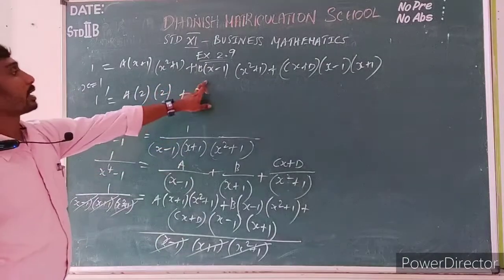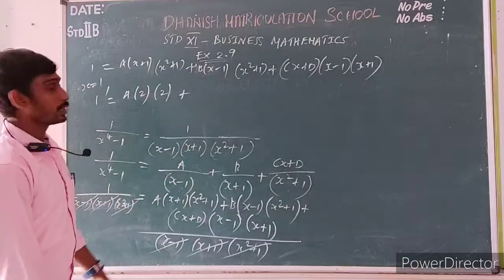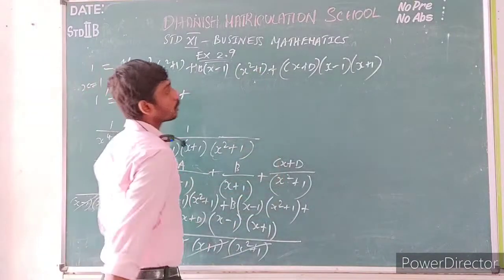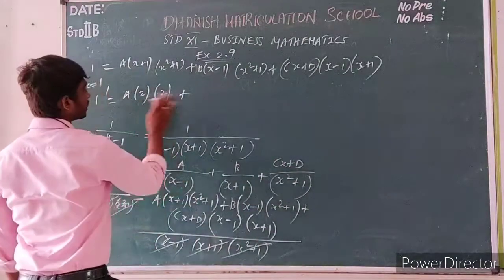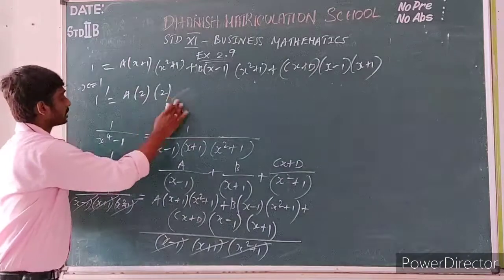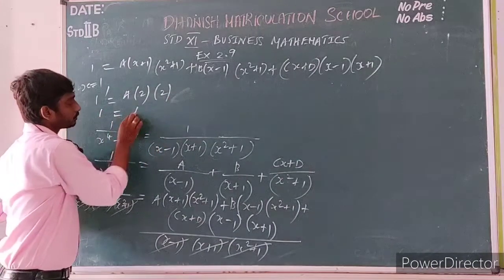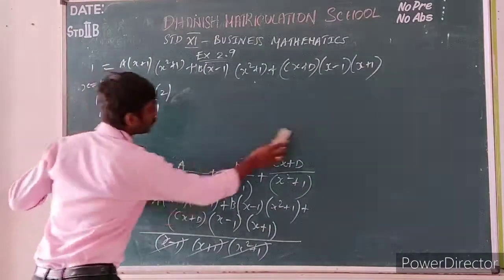The other terms become 0 because 1 minus 1 is 0. So there is just A into 2 into 2. Now we write 1 equals A into 4. Then what is the A value?